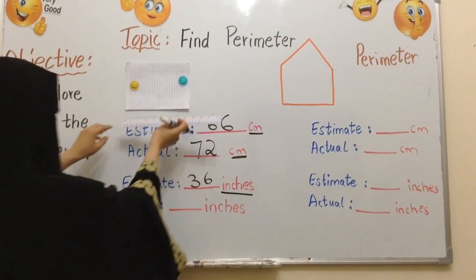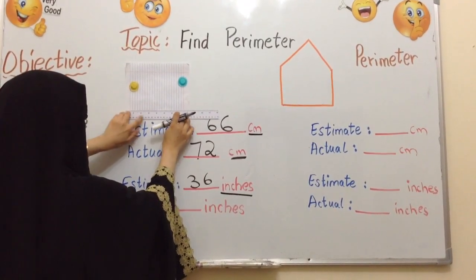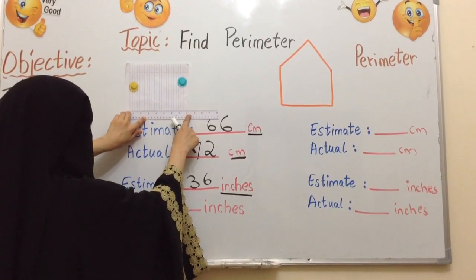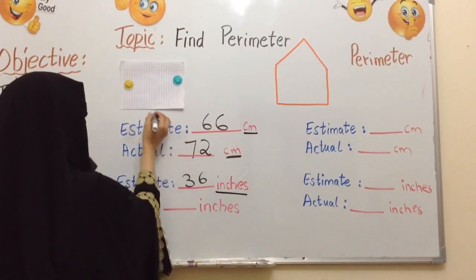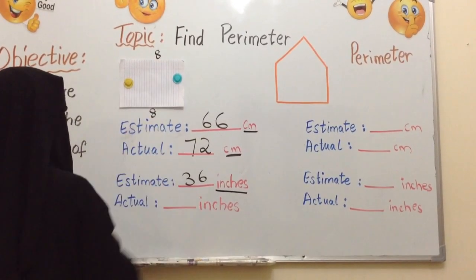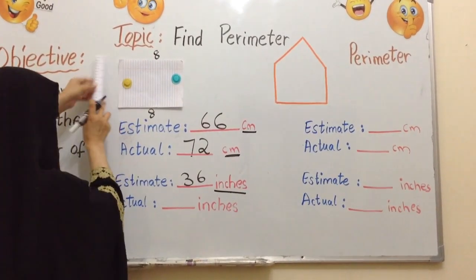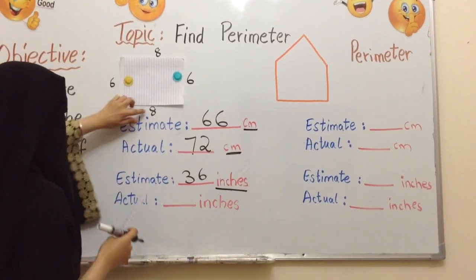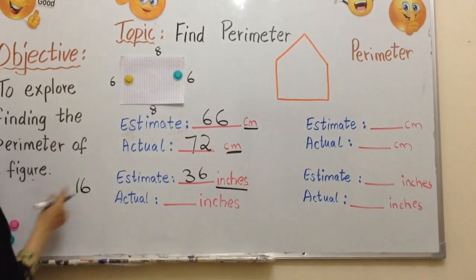Now let us measure. Here, it is after 8, but I am going to take the number 8. So this side is 8, so this side is also 8. What about this side? It is about 6. That means this is 6 and this is 6. Now 8 plus 8, what are you going to get as? 16.